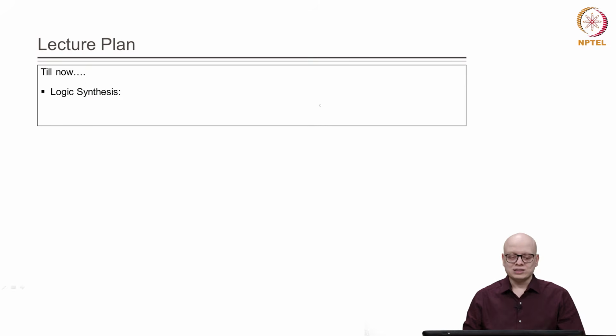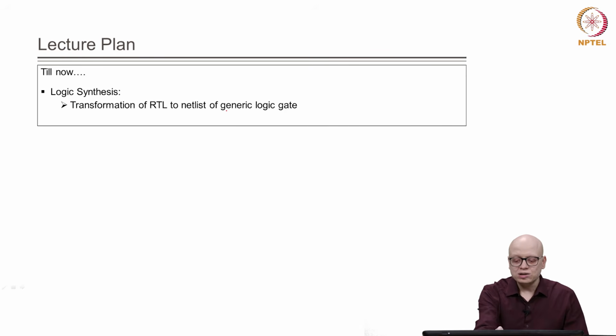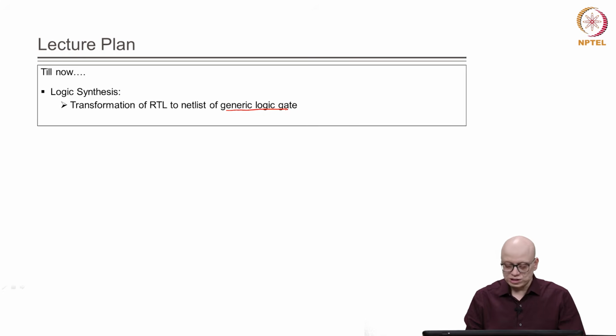In the earlier lectures, we had looked into logic synthesis and we have seen how the transformation of an RTL to a netlist consisting of generic logic gates is done. And we had also looked into logic optimization that is performed on a netlist consisting of generic logic gates.